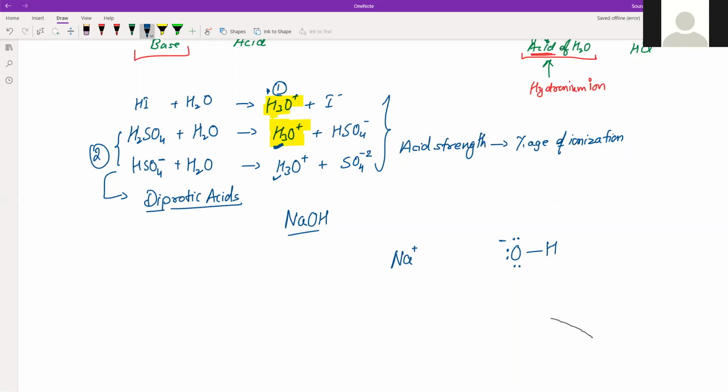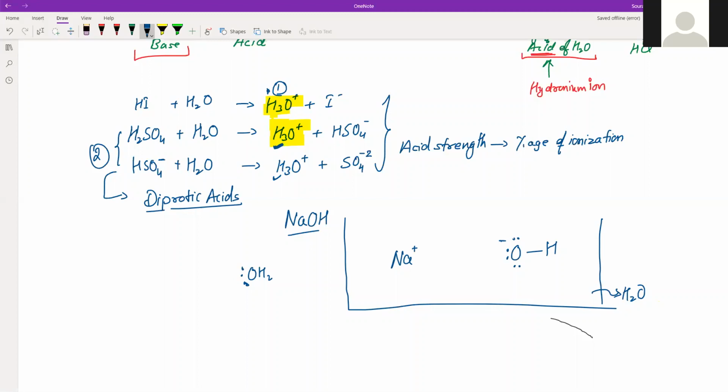Now there are lots of water molecules, since it is an aqueous solution. So what happens to those H2O molecules? H2O can be written as an oxygen with two lone pairs, so there is a concentration of negative charge there.